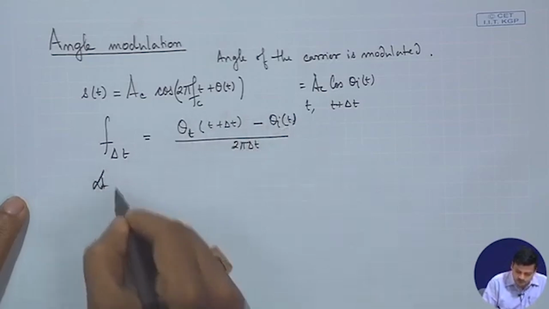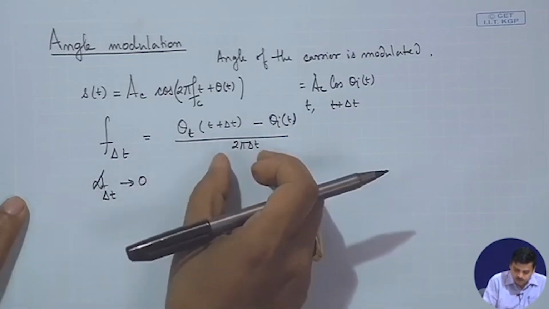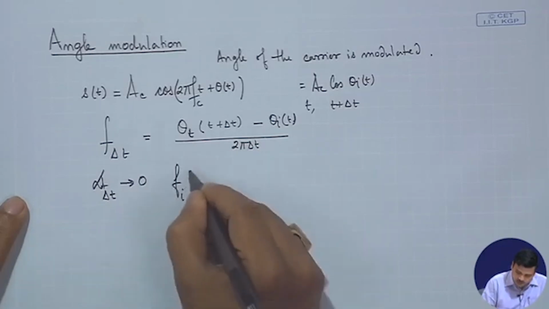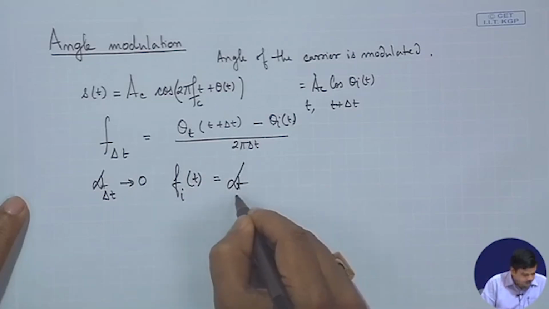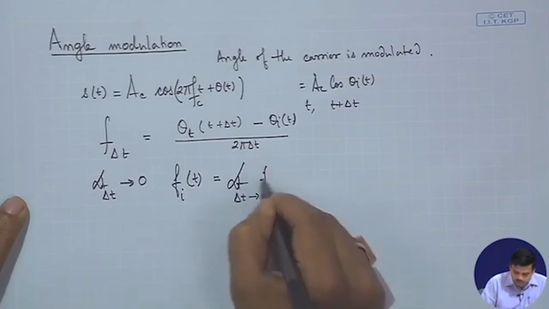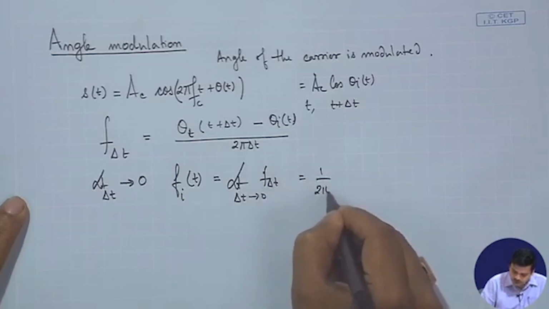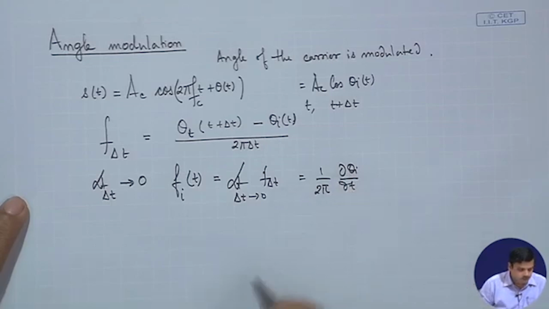Now, if you let delta t tend to 0, that means over a very short interval of time, what you get is f_i(t), the instantaneous frequency, which you could write as the limit of delta t tending to 0 of f_delta t, and which in short you could write as 1 upon 2 pi d theta_i by dt.